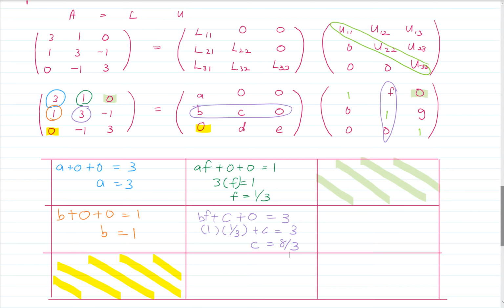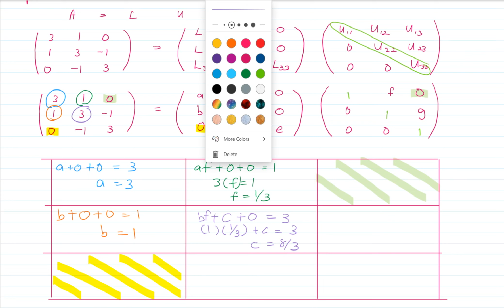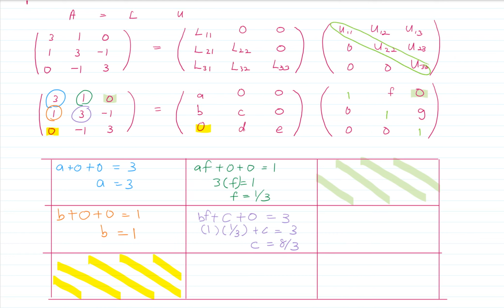Okay, now move to the next cell. Now we need to multiply this row and this column to get this value.